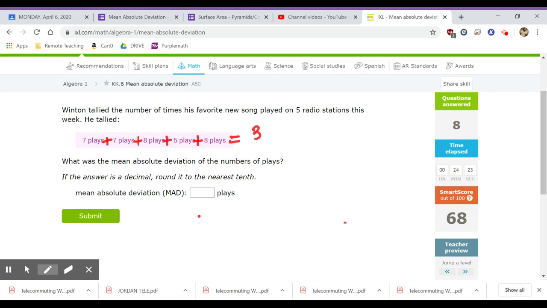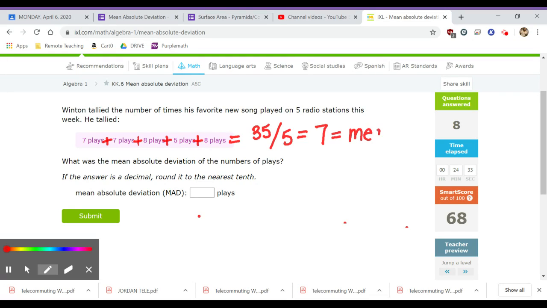It's going to be 35. And I've got to divide by 1, 2, 3, 4, 5. So that means that my mean is going to be 7, which is easy for us because it's not a decimal, so those are easier.